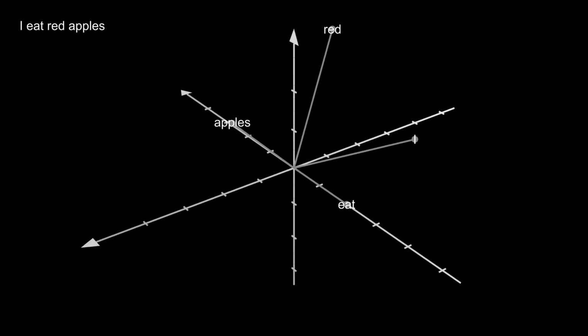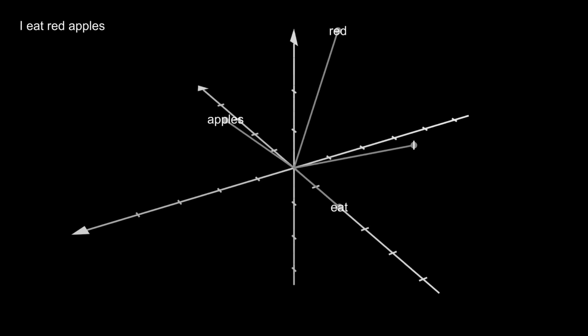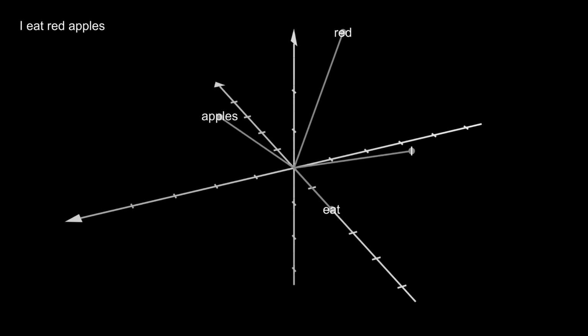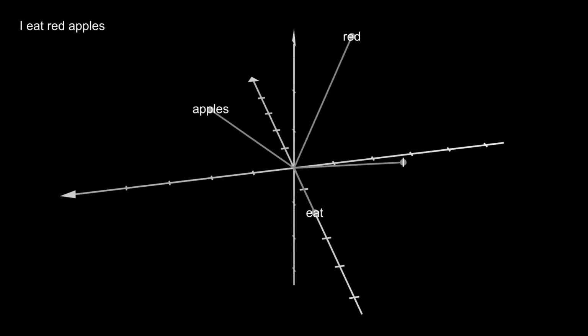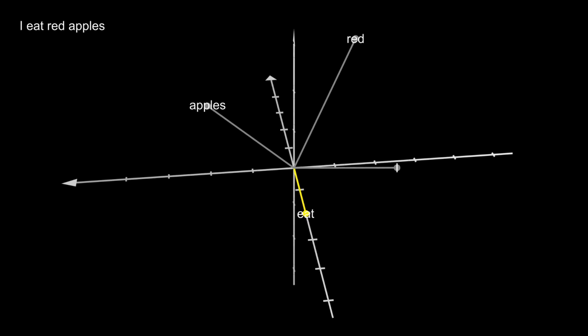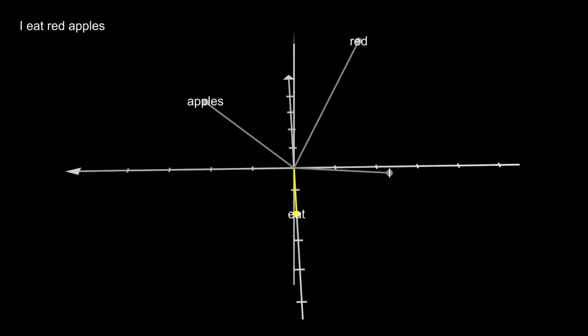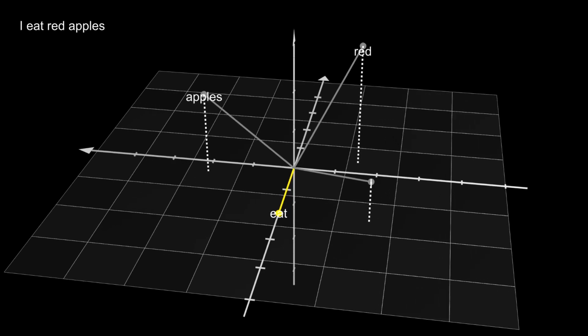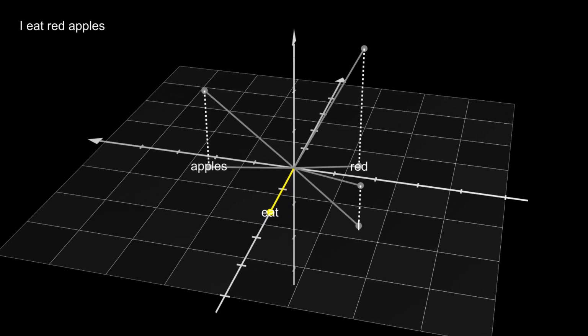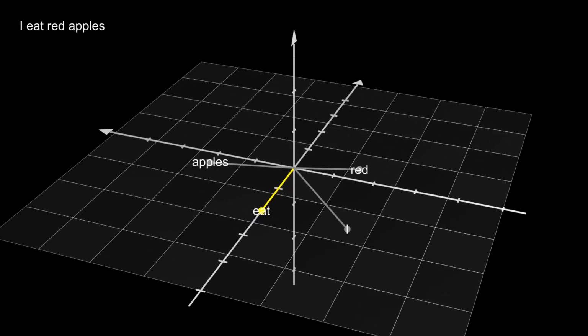The goal is to re-represent each word by taking into account the similarity it has with other words. We'll focus on the word eat in this example. In the paper, the authors first project the vectors onto various subspaces, which are learned during training. Each subspace is referred to as an attention head.